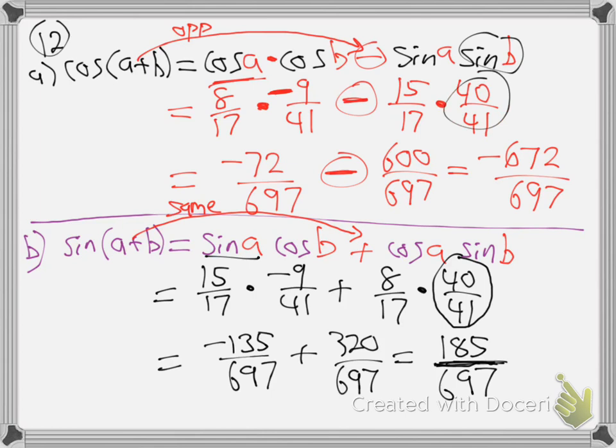Which one are you looking at, Chanel? Okay, so if you're factoring, I'm confused about the -9/41. You have 15/17 times -9/41. Right, because the sine of A is 15/17 and the cosine of B is minus 9/41. He gets that one from the second triangle. Yeah, this is B, and this is sine of B, and this is cosine of B.